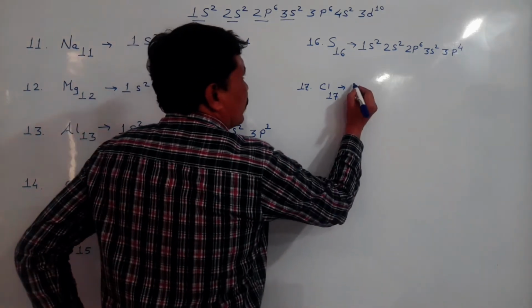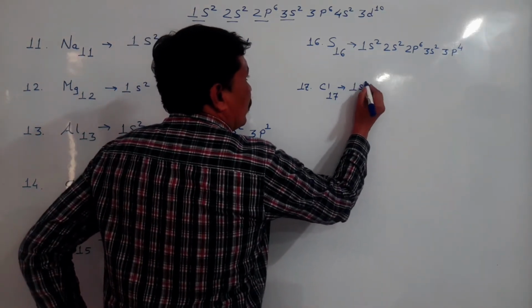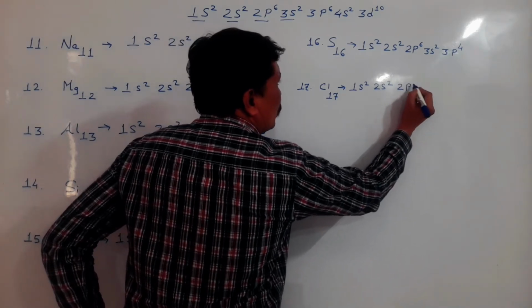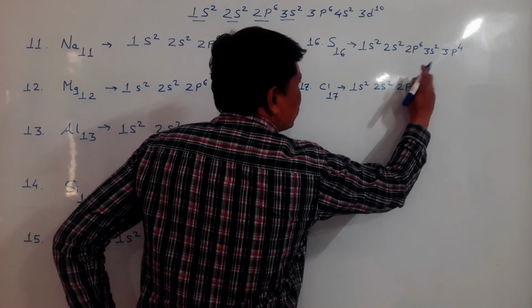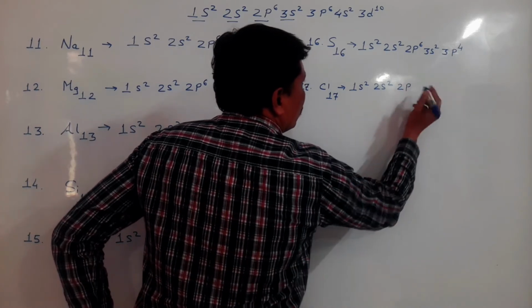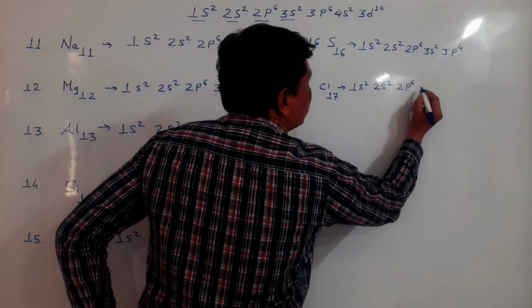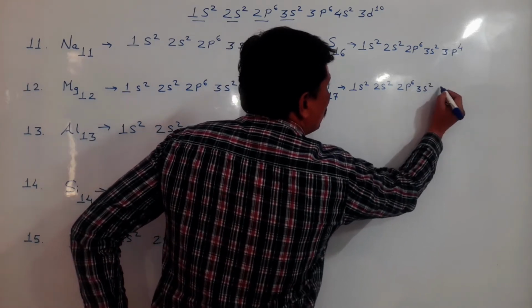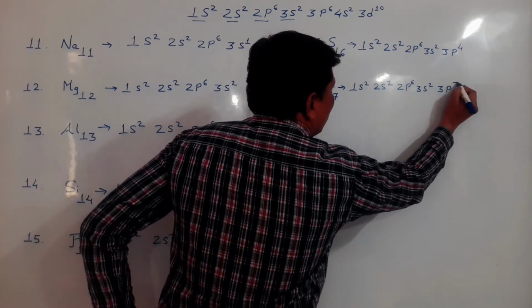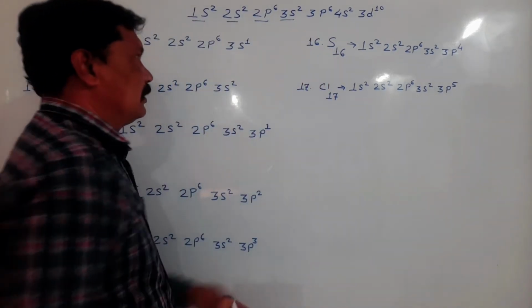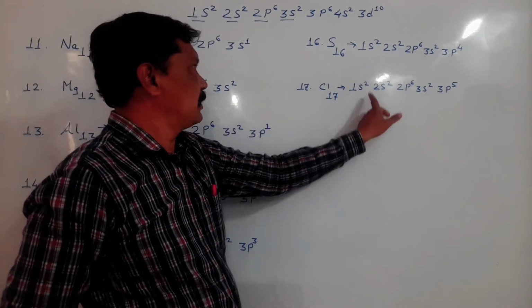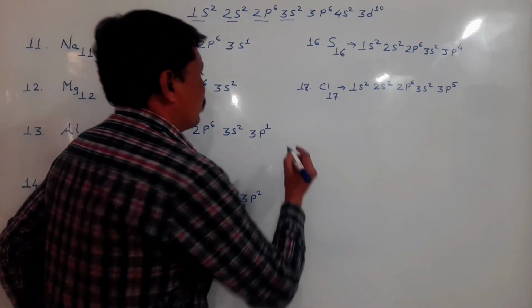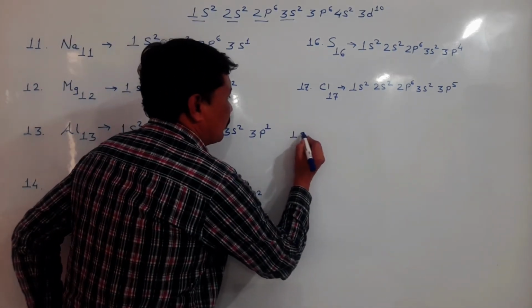Its electronic configuration will be 1s2, 2s2, 2p6, 3s2, 3p5. 10 plus 2 plus 5, 17. The electronic configuration is correct.